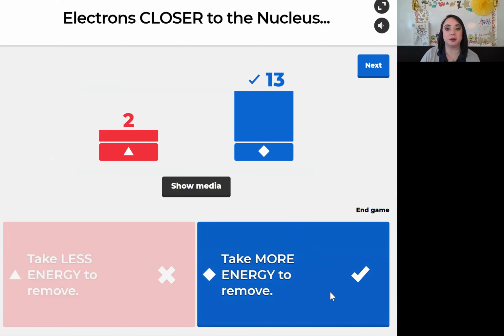So if it's closer to the nucleus, it takes more energy to remove.